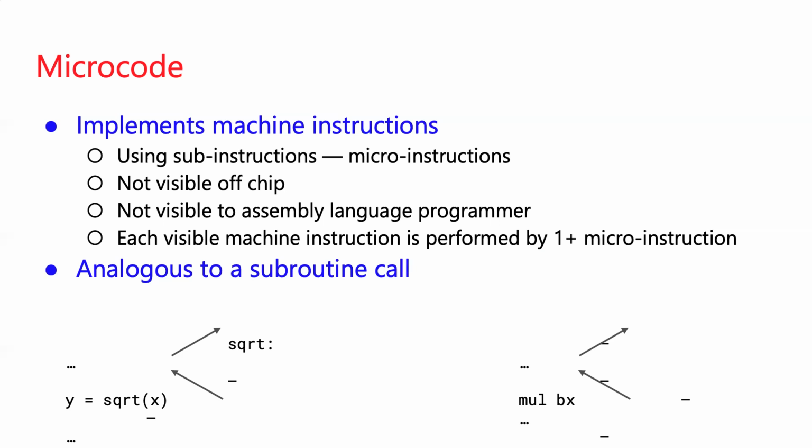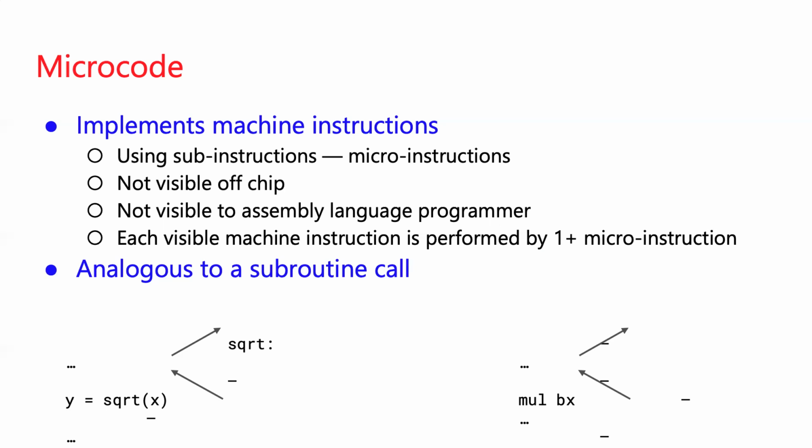You could kind of compare this to a subroutine call in a regular higher level programming language. If you call a subroutine like square root, it's understood that to compute a square root requires a few steps. So when you call square root, it goes and jumps to a subroutine and runs the sequence of steps it takes to compute a square root.